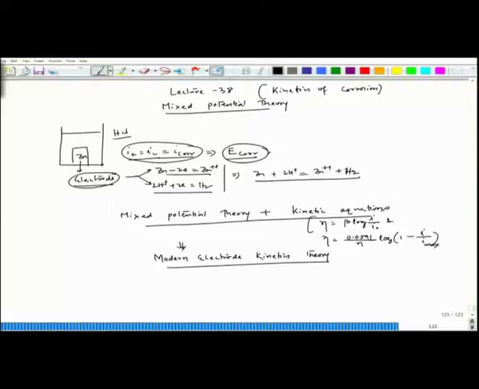Now, to begin with, let us say that for zinc it would have a potential E0 of minus 0.76 volt, and at that time I have Zn2+ plus 2e equals Zn. This reduction reaction is happening in the standard state.